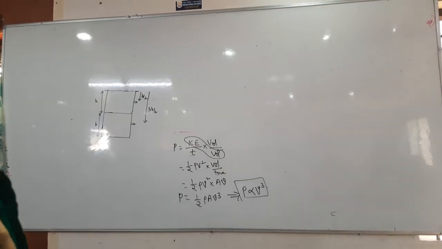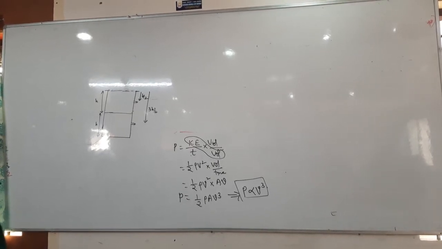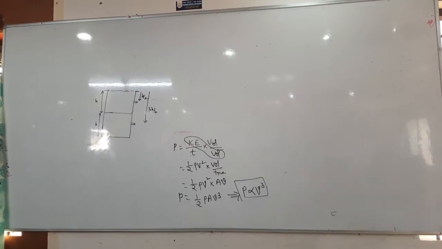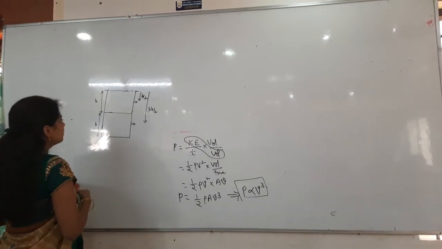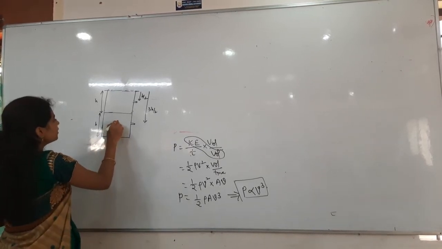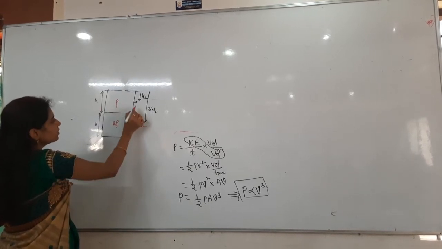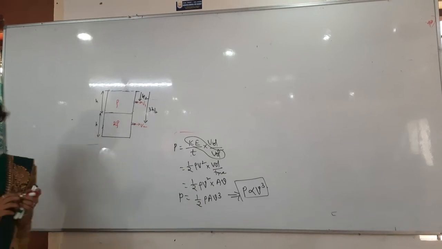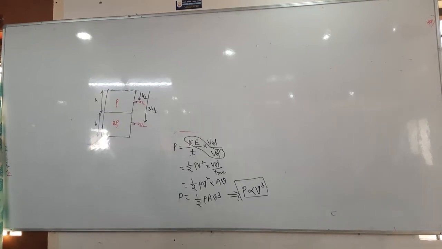then find the ratio of velocities of efflux through the holes. Find the answer.